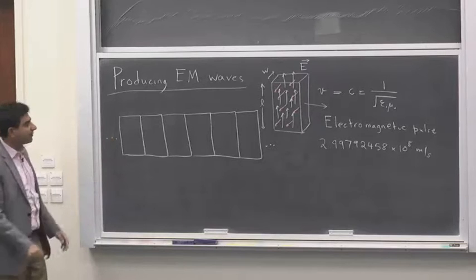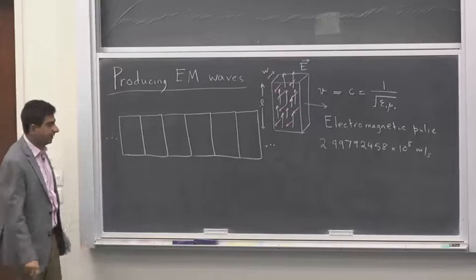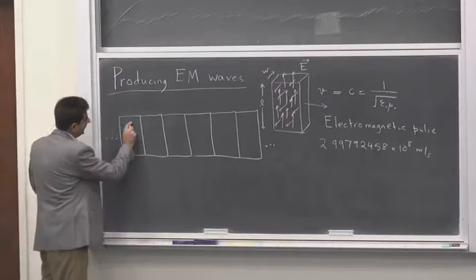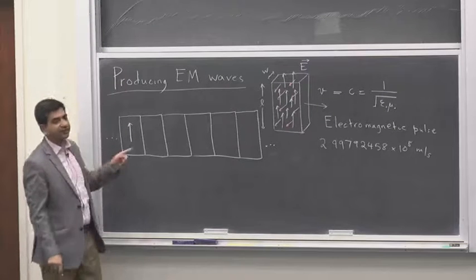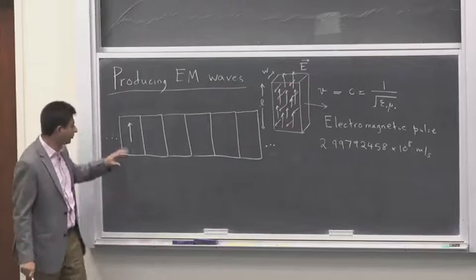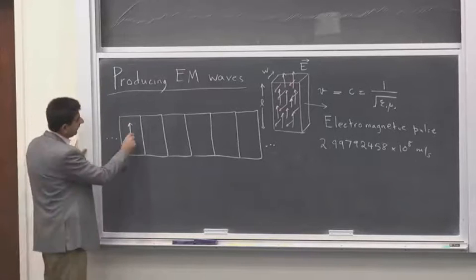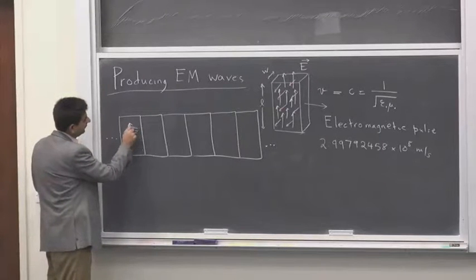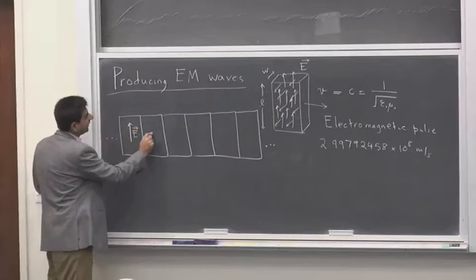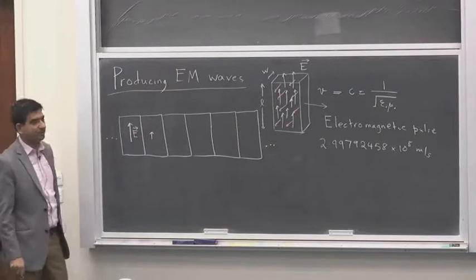And in each slab of energy, I have an electric field. Now I'm just drawing one vector inside this entire slab, and I'm assuming that the field is uniform inside this slab of energy. And this electric field E is pointing upwards. Here it's also pointing upwards, but it's slightly smaller in magnitude.